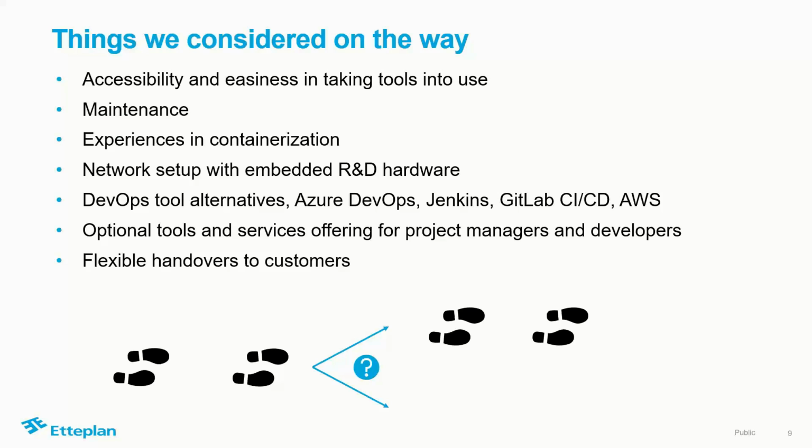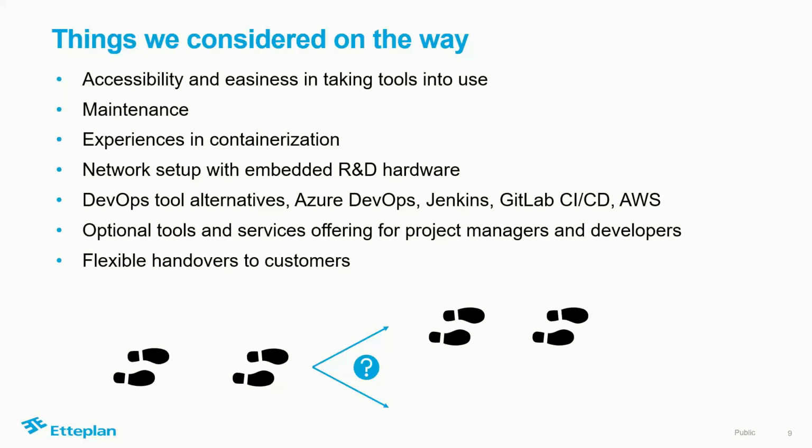Then, as I already mentioned, the maintenance part of DevOps was important. We wanted an environment that whoever developer comes to the project can easily access. If a person gets ill or is for some other reason unable to work, any developer from our teams can join the project and take that environment into use.